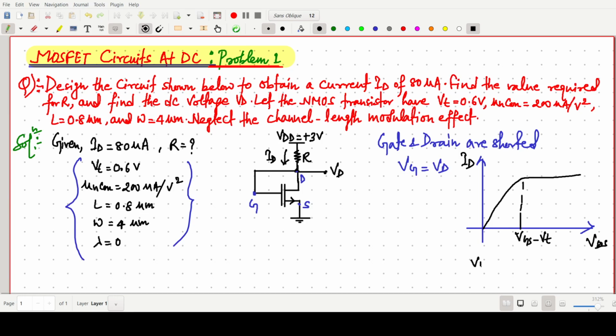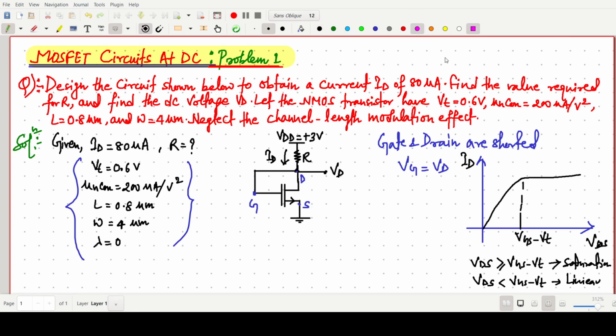If VDS is greater than or equal to VGS minus VT, then it is in the saturation region. That is very fundamental. And if VDS is less than VGS minus VT, it is in the linear region. This is a basic thing that we have to know.